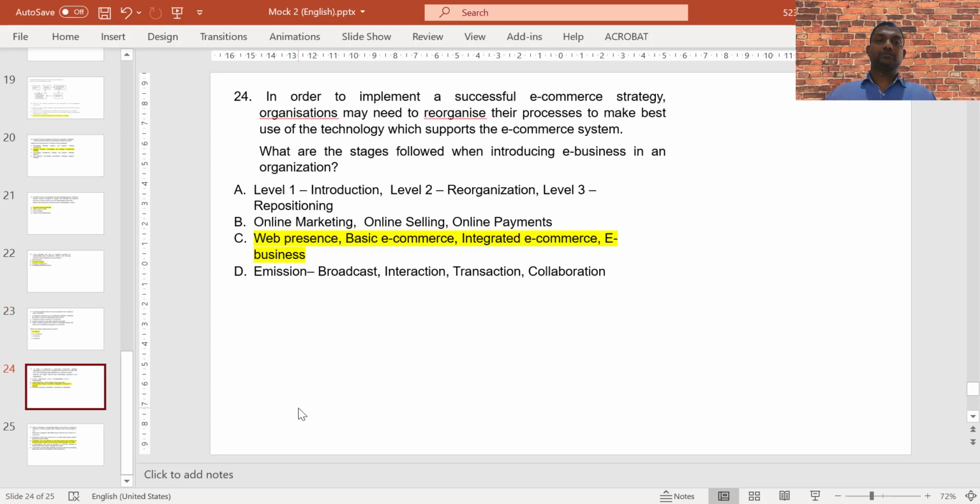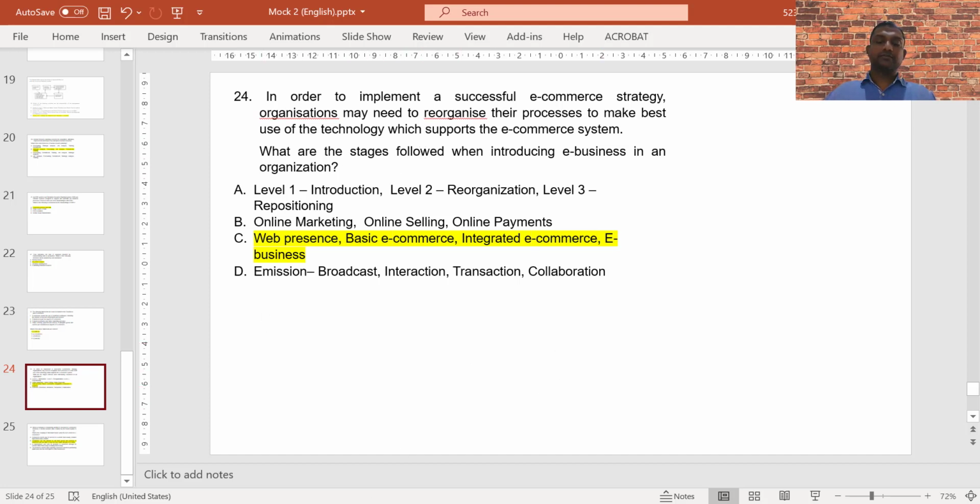Question number 24. In order to implement a successful e-commerce strategy, organizations may need to reorganize their processes to make best use of the technology which supports the e-commerce system. What are the stages followed when introducing e-business in an organization?